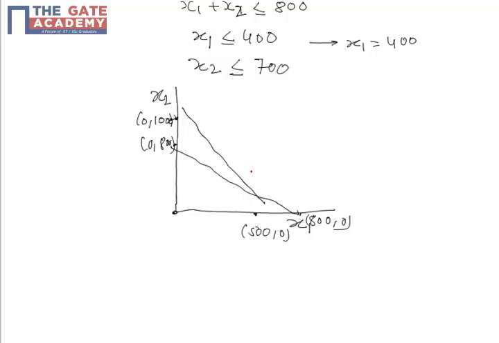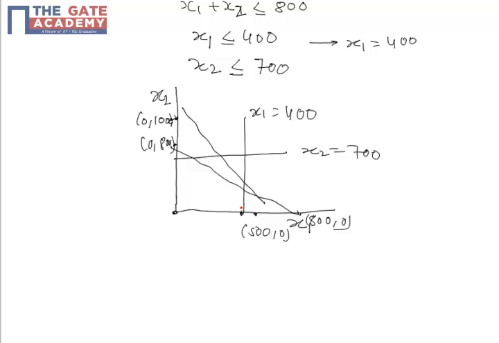This is the line starting from here. And then x2 is equal to 700, here only.